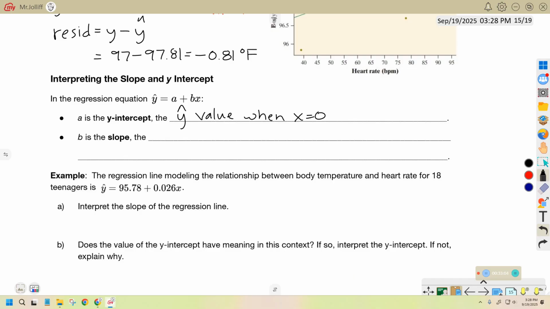Can somebody give me some more mathy vocabulary to go along with that visual image? Yes. Ooh, very good. So this is the change in y hat for every 1 unit increase in x.